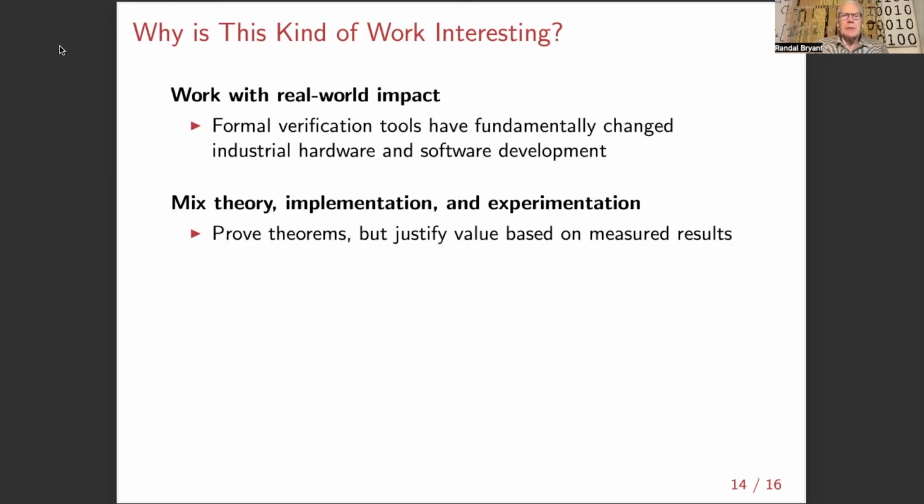Another is that it builds on all the different dimensions of computer science, from theory to implementation, software engineering, running experiments, tuning and improving, benchmarking, and so forth.